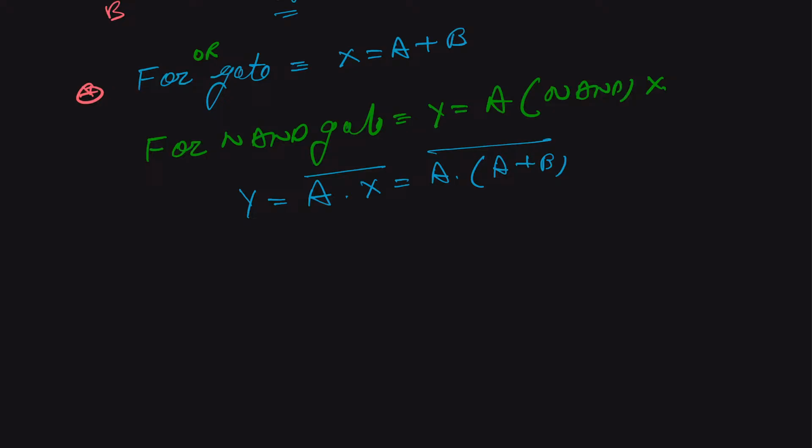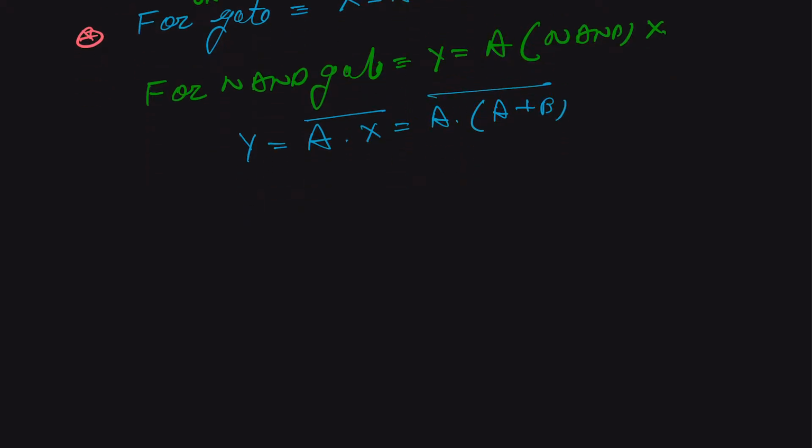We can use the property that this will be equal to the complement of A times A plus A times B, and our A times A will always be equal to A.